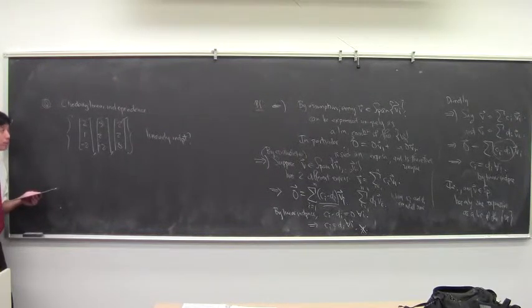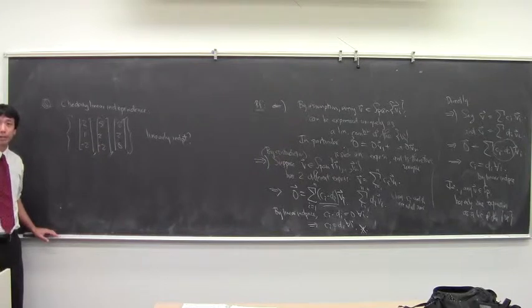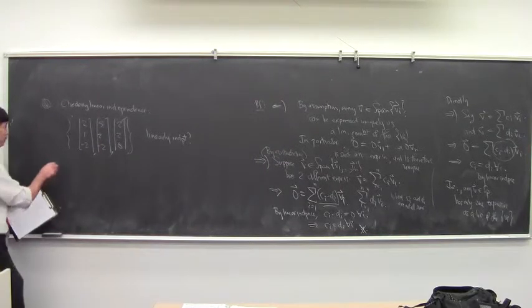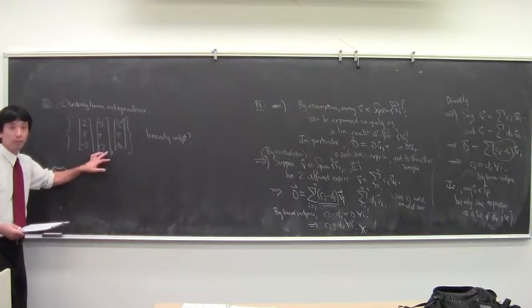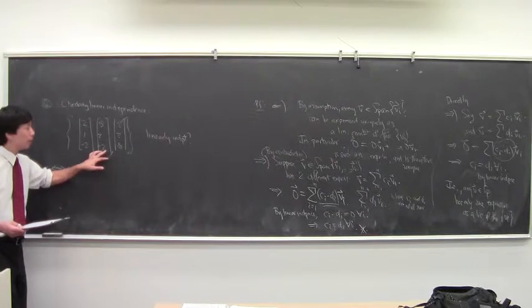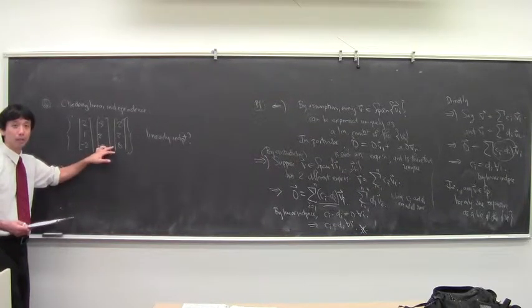So what's the question? Does anyone see that this is something that we've actually done before? That's sort of a bad way of phrasing, but let me read this. What are we asking? We're asking, is there some way to get the 0 vector from these guys?